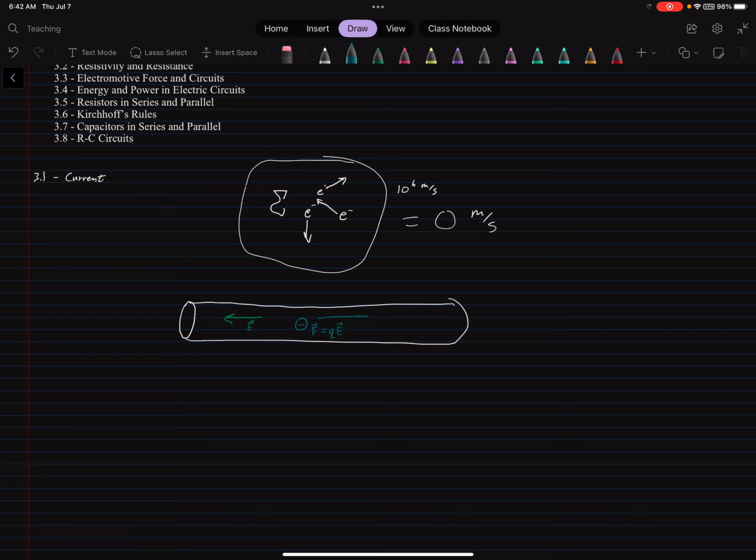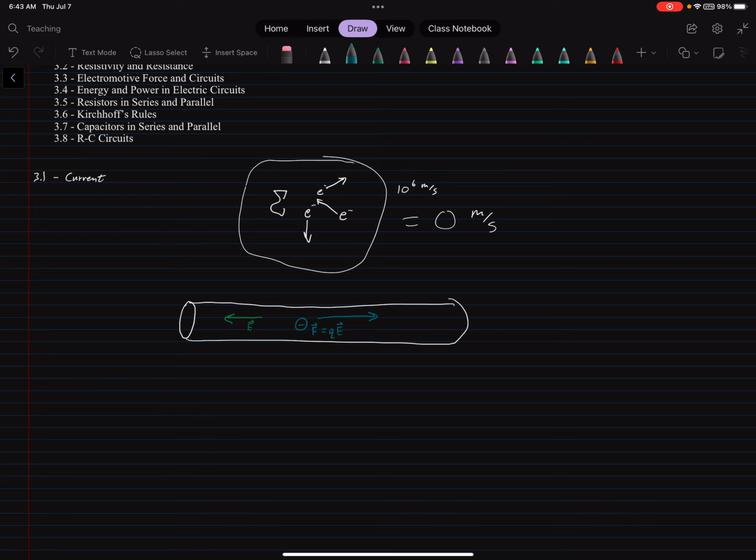And that force is going to be this way, since it's negative and the field is pointing to the left, so it's going to be motivated to move to the right, yeah? And that's how every charge, if we're talking about electrons, which are the things that are moving in the metal, is motivated to move. And so since all the electrons are moving in the same direction, then you have some net charge to the right, some net current to the right.